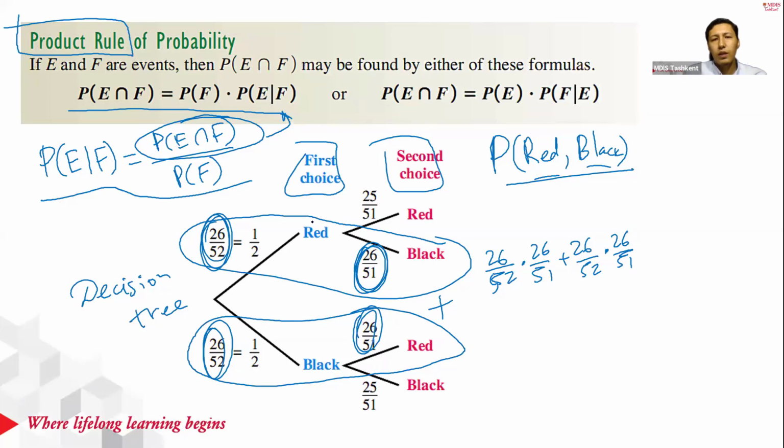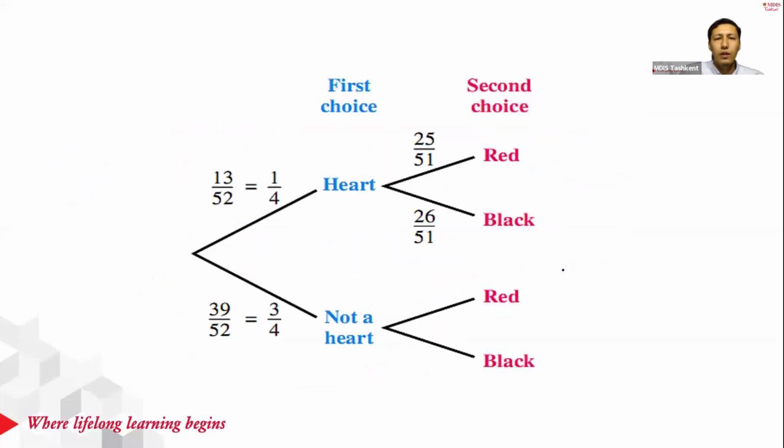But if it says red and black, that means we have two cases: first red, second black, or first black, second red. Therefore, you have to consider both cases and add them. So I think that's it.